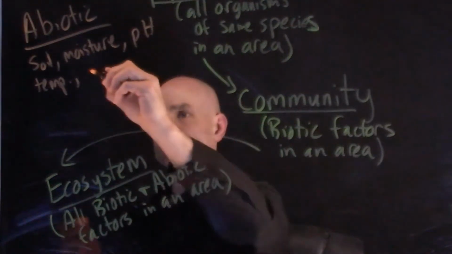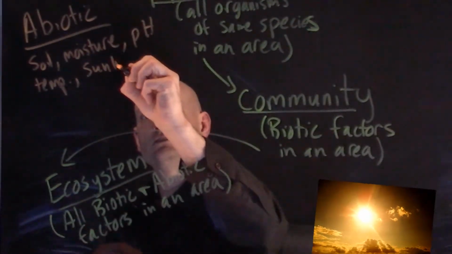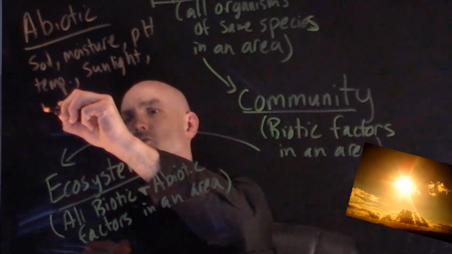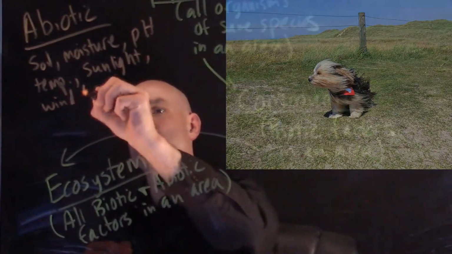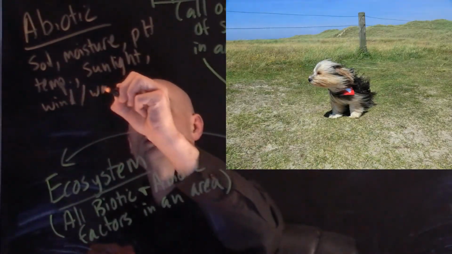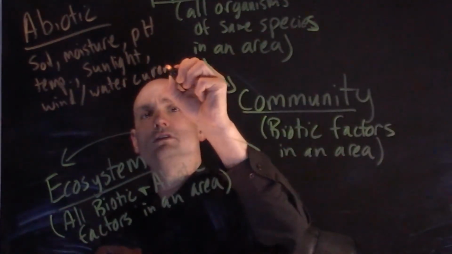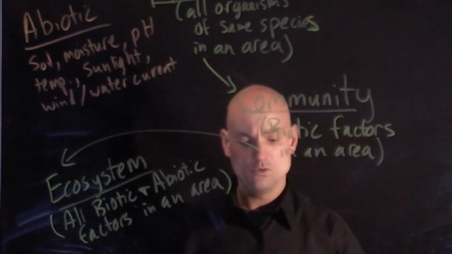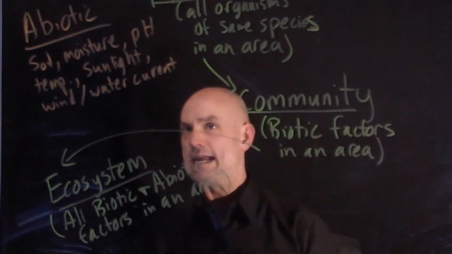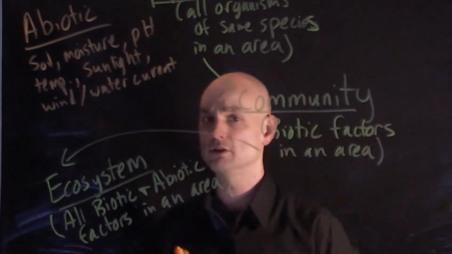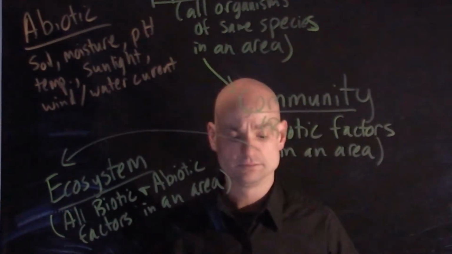And it's also difficult to hold the sunlight or the wind or water current. All of these things are what we would consider abiotic factors. They're non-living factors, but they do affect whether organisms can survive there or not.